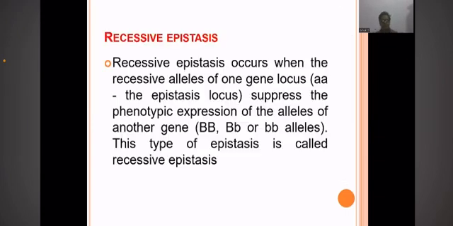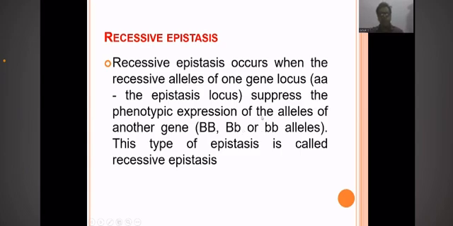So recessive epistasis occurs when the recessive alleles of one locus, for example, aa, that is, if it is homozygous recessive. You should know the difference between homozygous dominant, heterozygous, and homozygous recessive. This is the homozygous dominant, that is, both are capital letters. This is the heterozygous, that is, a mix of both alleles.